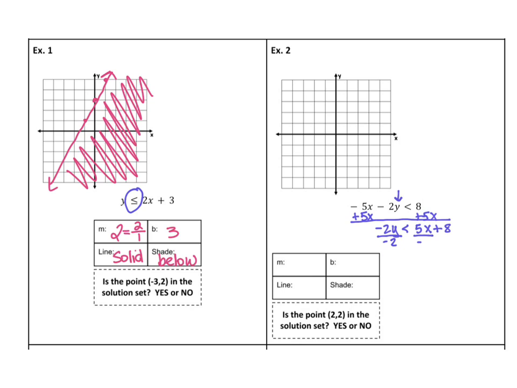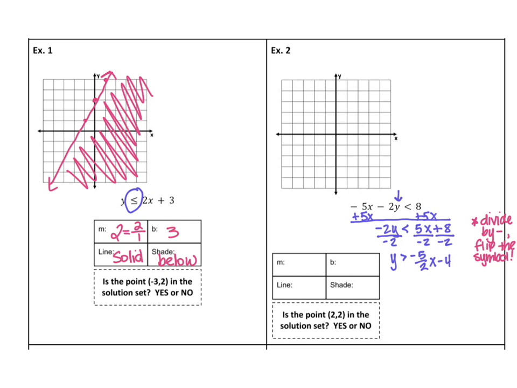And maybe you remember from the beginning of the year what happens when you divide by a negative number with inequalities. If you don't, pay attention. If you divide by a negative number, you need to flip your symbol, which means that I'm going to have y is greater than negative 5 halves x minus 4.